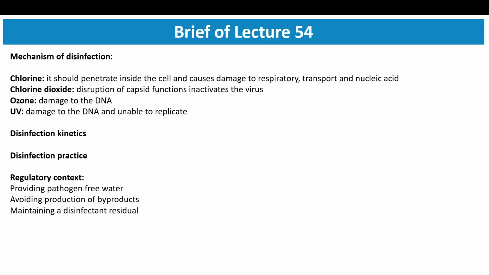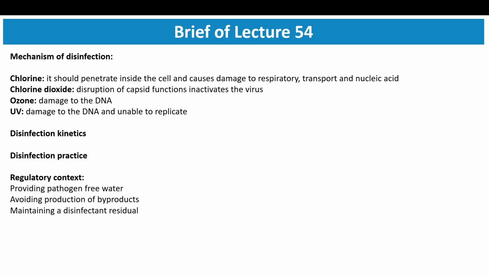If you move forward, next is, what is the mechanism of disinfection? So, depending on the disinfection method using chlorine or chlorine dioxide or ozone or UV, the way it disinfects or inactivates or damages the microbes is different.